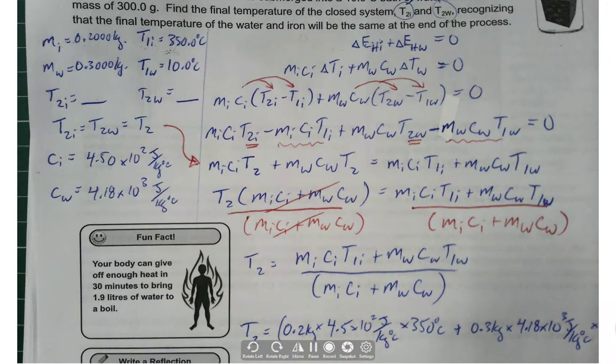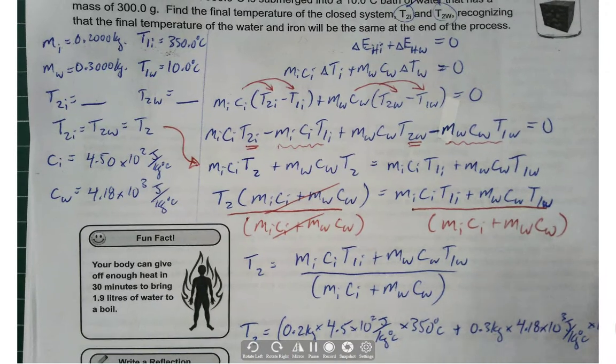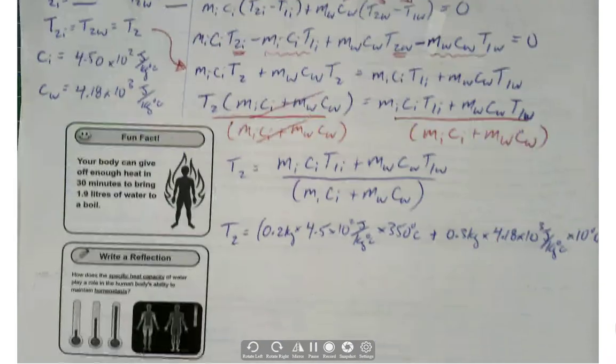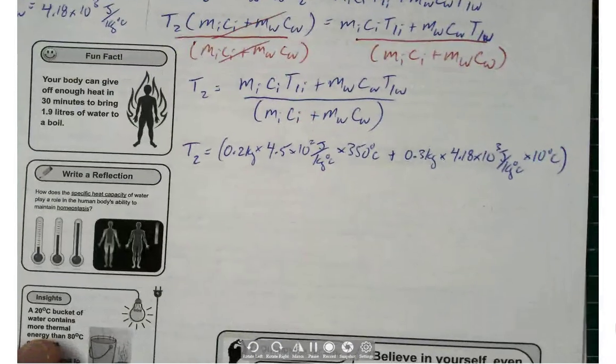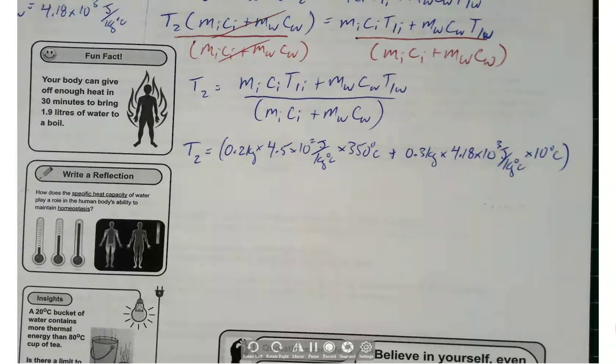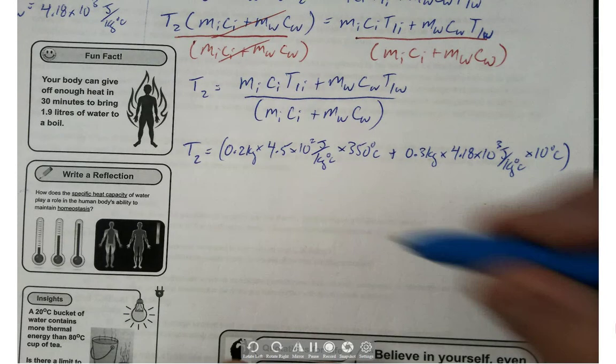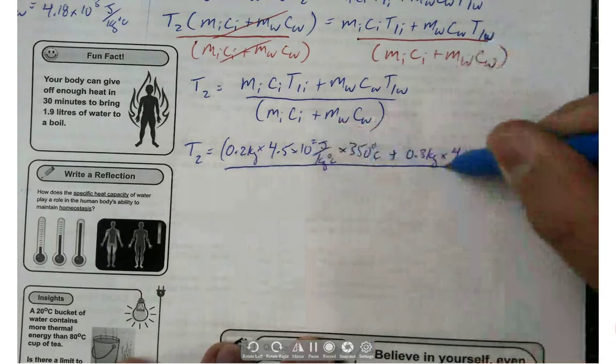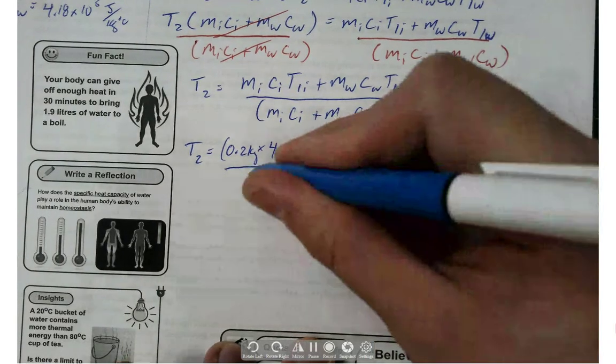And the water was only 10 degrees. You see what I mean by having to write small to fit it all in. Don't forget to divide by the denominator binomial, though.